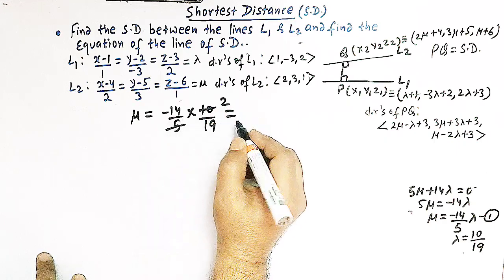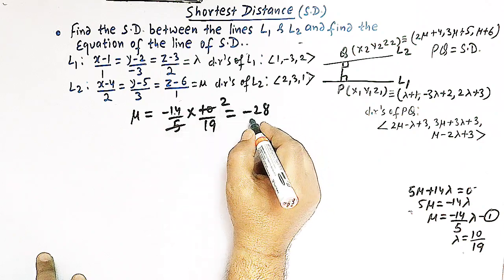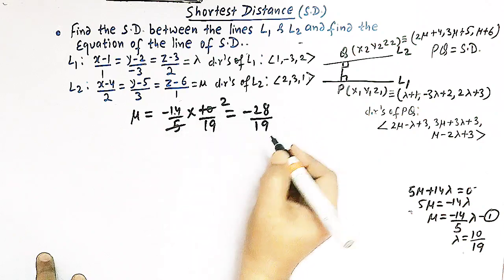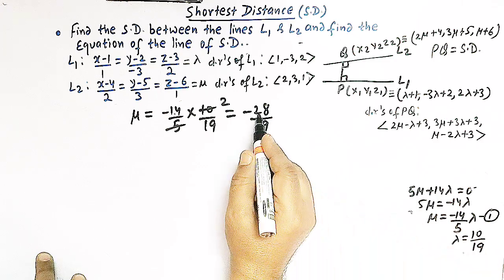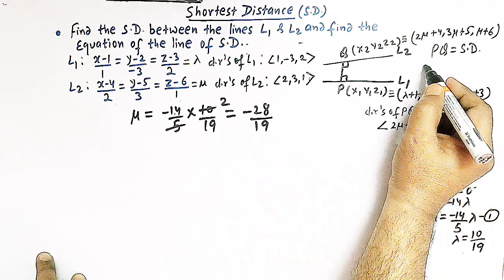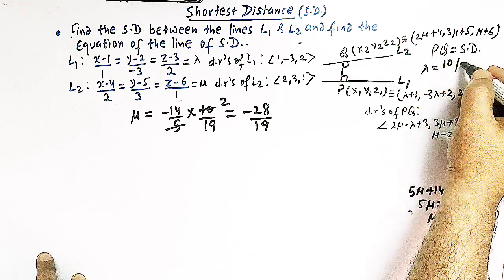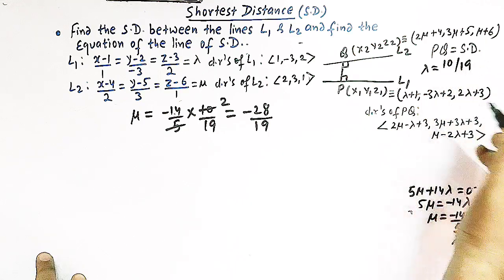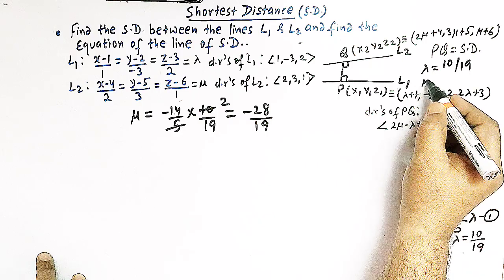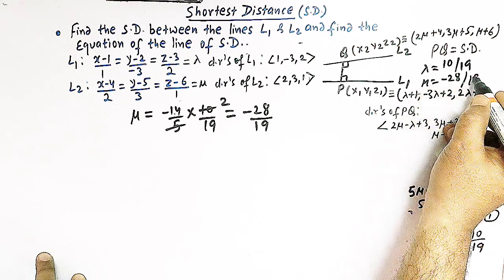So this is minus 28. 14 times 2 is 28 and 19. So the value of mu is minus 28 over 19. So lambda is 10 over 19, and mu is given by minus 28 over 19.